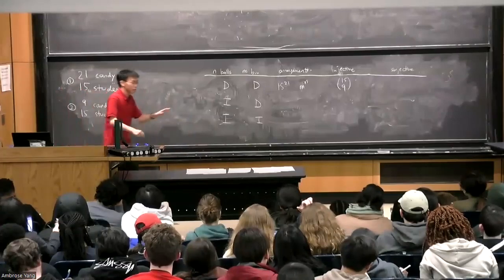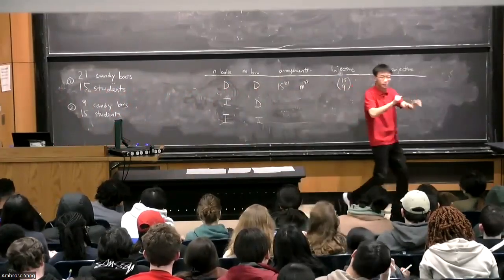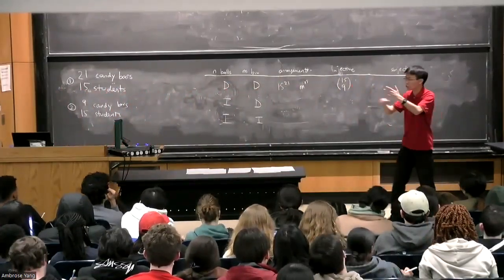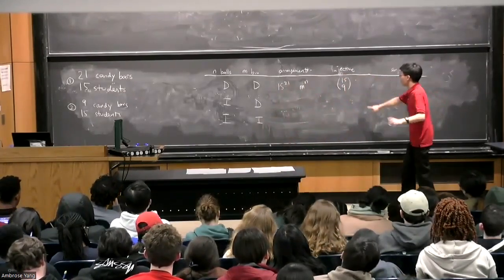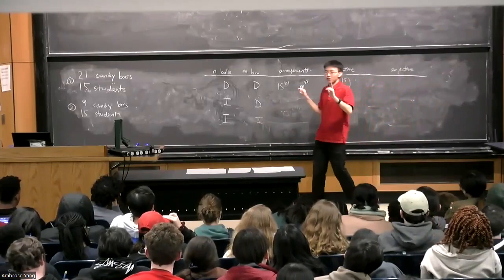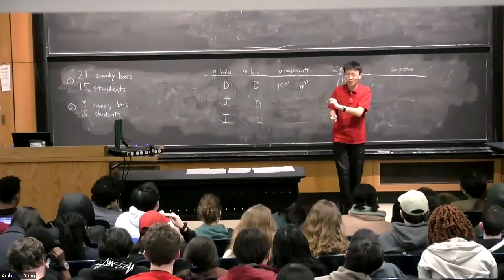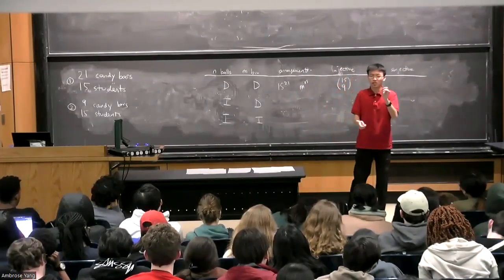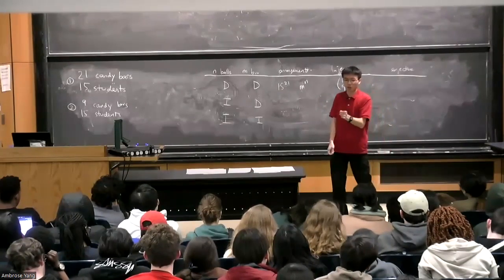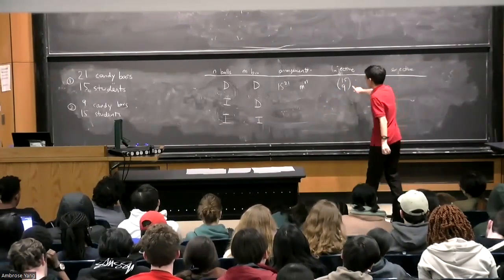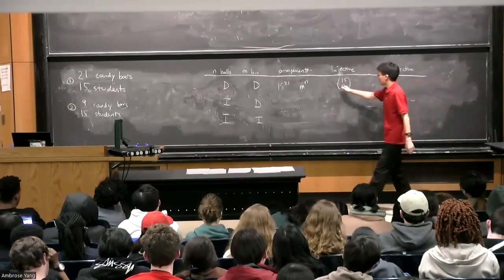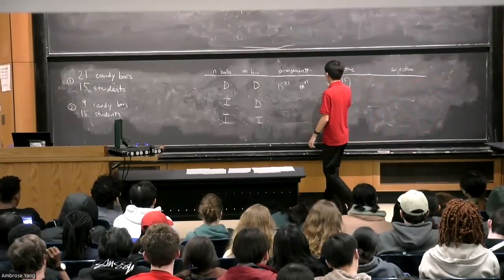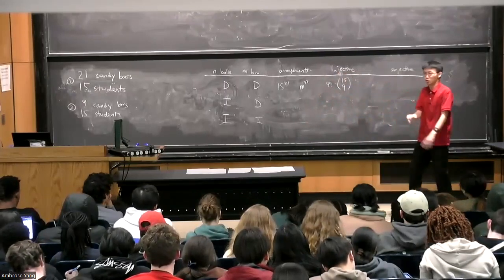Maybe candy bar 1 goes to student 1, candy bar 2 goes to student 2, but I could rearrange who gets which candy bar. So there are 2 selections going on: who gets the candy bars, and which candy bar goes to whom. 15 choose 9 ways to pick the students who will get a candy bar, times 9 factorial ways to arrange the candy bars among those who will get them.